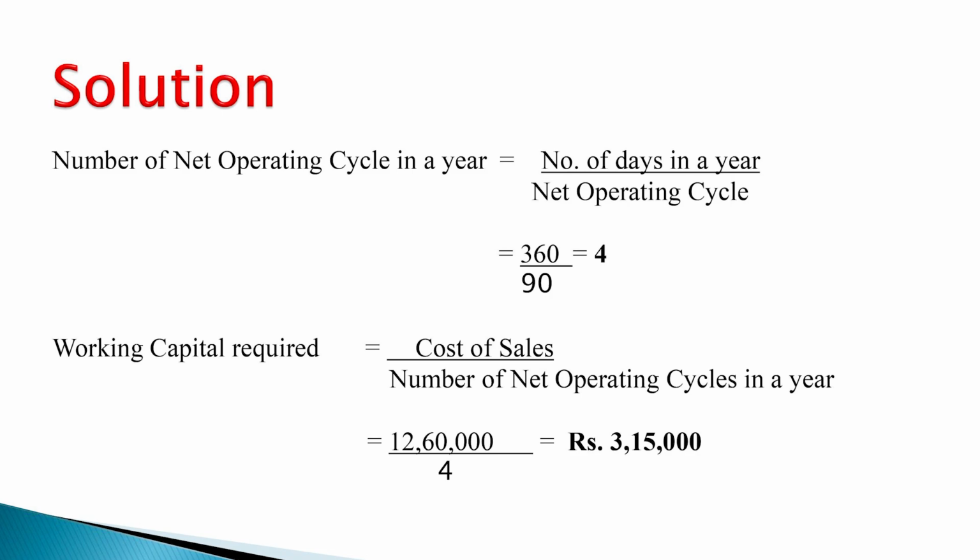Finally, we can calculate the working capital requirement. The formula is cost of sales divided by number of net operating cycles in a year. Cost of sales is given, 12,60,000, divided by 4, which is equal to rupees 3,15,000. That is the working capital requirement.